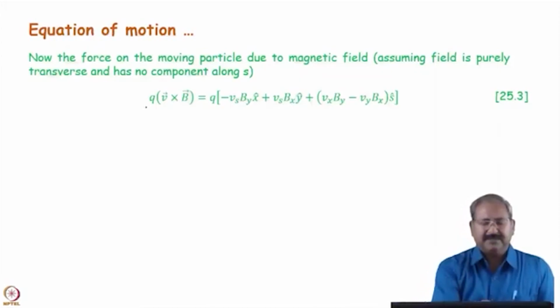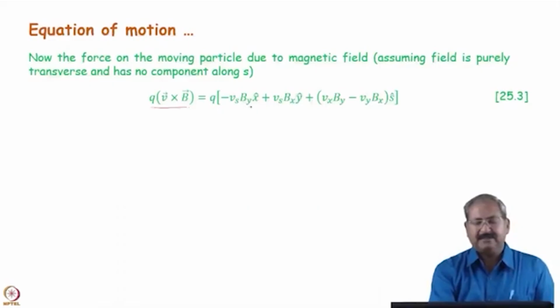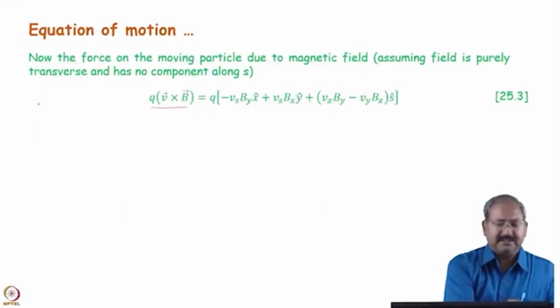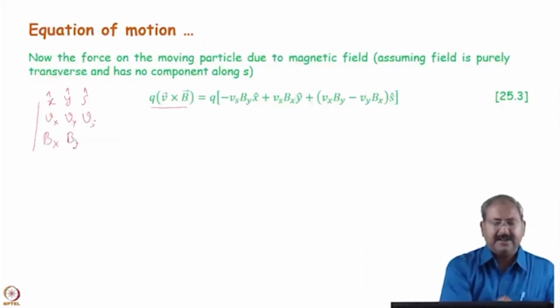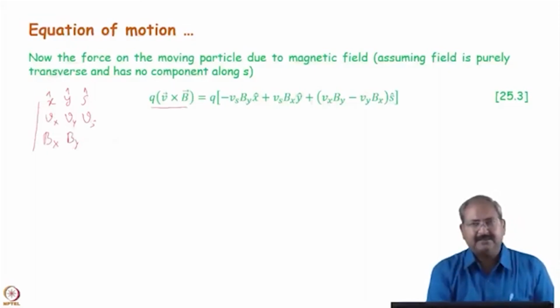Force can be calculated very easily: q v cross B. This is just the cross product, which you can obtain with a matrix of x cap, y cap and s cap, then Vx, Vy and Vs, then Bx, By, and we are considering only a transverse magnetic field, meaning no component in the longitudinal or beam propagating direction.